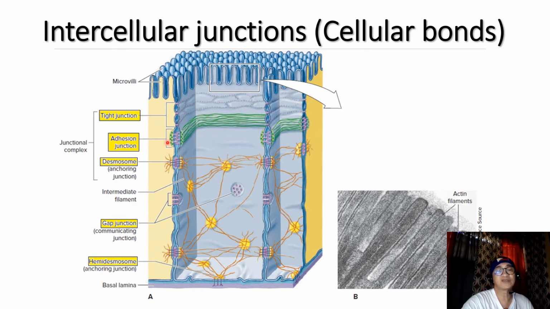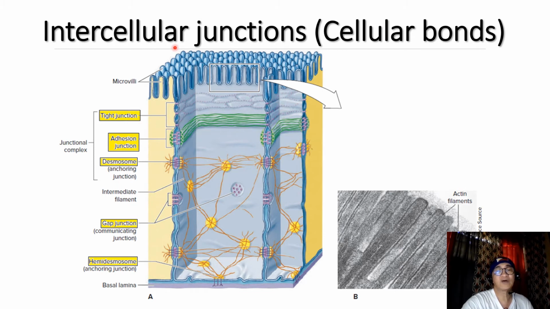You have tight junction that is shown here that surrounds the whole cell at the upper surfaces. These are membranes of two adjacent cells that are fused together. Their transmembrane proteins form as one, and they form rows of transmembrane proteins that are bound tightly between adjacent cells, closing the gap between neighboring cells.